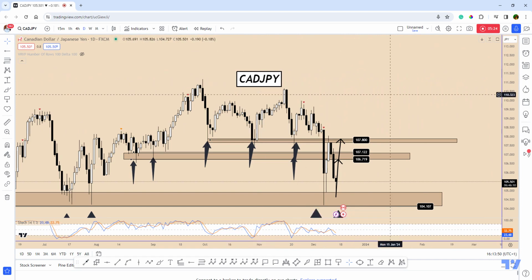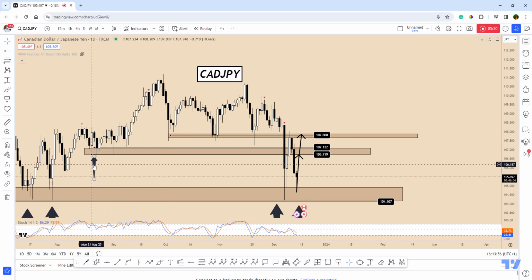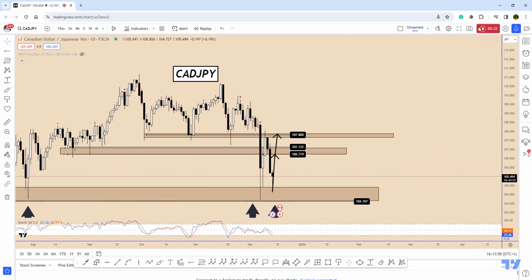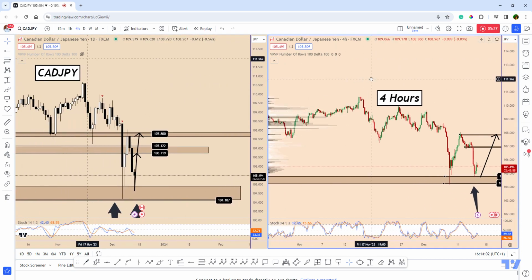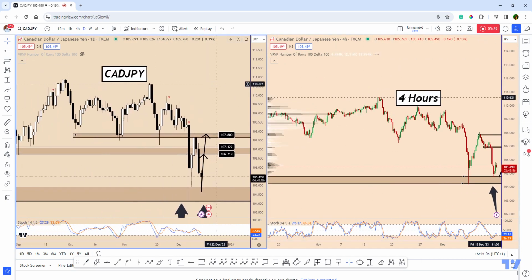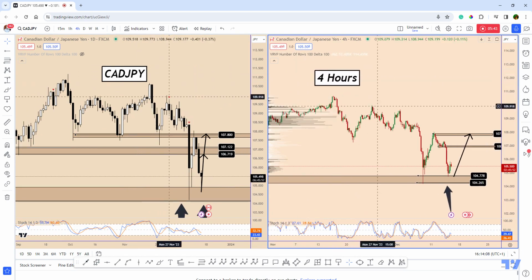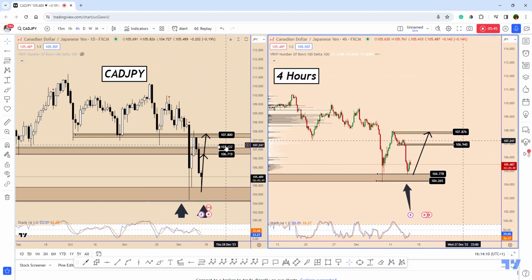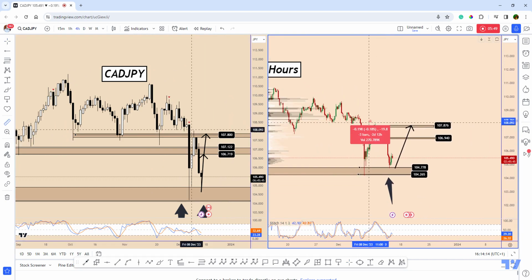In order to keep this very simple and to monitor this easily, we can do also something else. I'm going to have both time frames in this way. And here we have also our targets that we used previously.